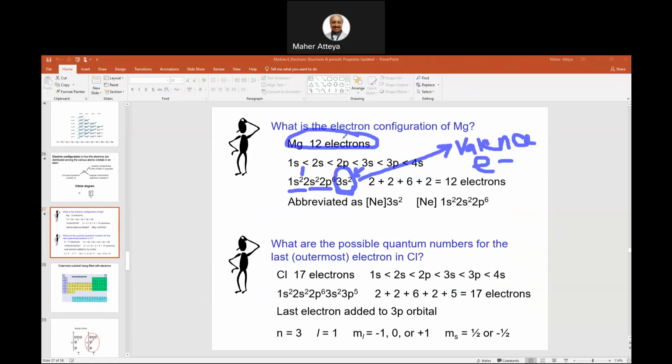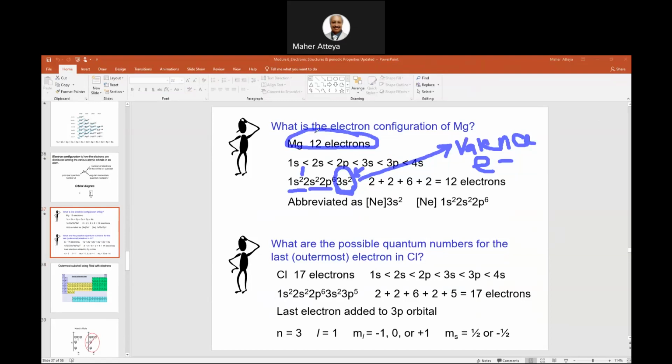So where is magnesium? Magnesium is in 2A, so the valence electrons has to be 2. Aluminum is in group 3, so the valence electrons of aluminum is 3. Are you following me here? Chlorine is in the 7th group, so the valence electrons is 7.